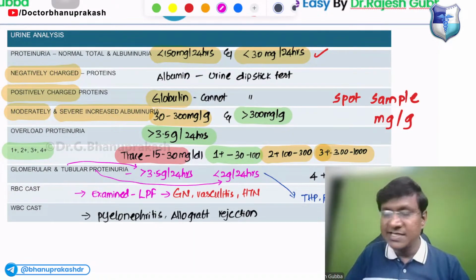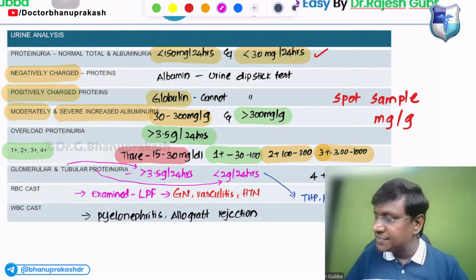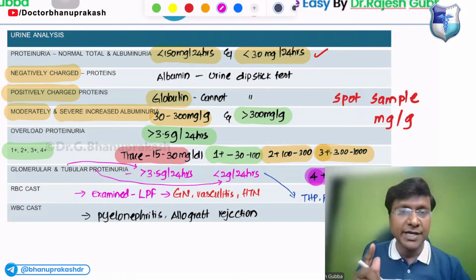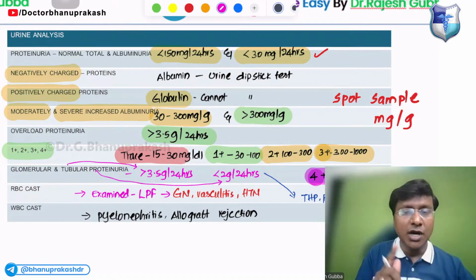And 4 plus is used when the proteinuria is more than 1 gram per deciliter.